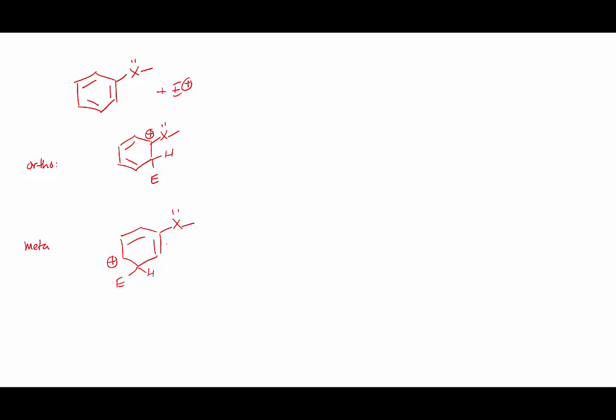So again, I'm doing the first step in any electrophilic addition. And then in terms of my para position, I will do the same thing by putting an H, an electrophile, and that's going to put a plus charge there.